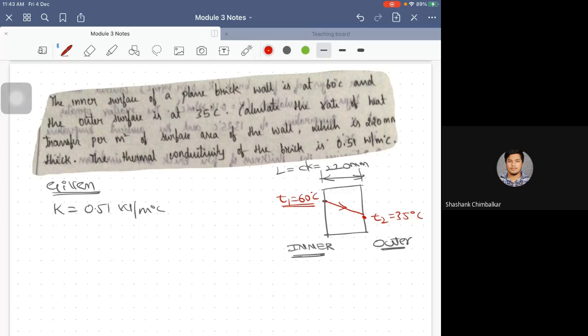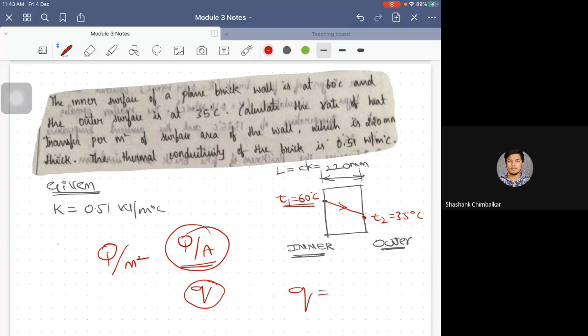What you are supposed to calculate? You are supposed to calculate the value of the heat transfer, which is Q per meter square. He has asked Q per meter square. That means Q per area. Heat transferred per area is nothing but the heat flux, which is denoted by small q. So always do remember what is your small q. Small q talks about the heat flux that is equal to Q, that is capital Q, divided by area.